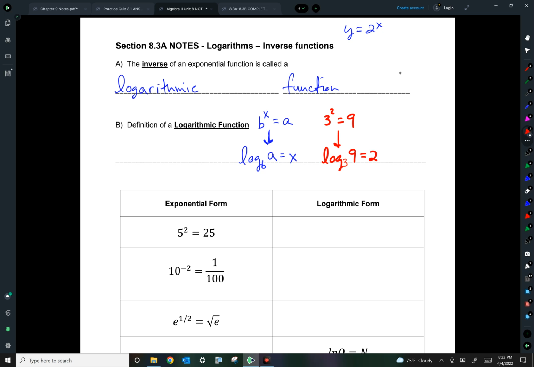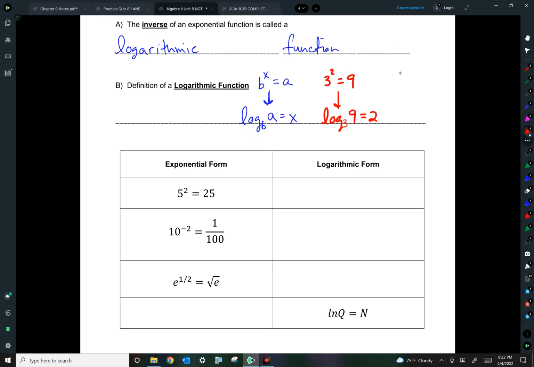All right, so look down here in my little table. I've got the exponential function 5 squared equals 25. So I could write that as a logarithm. I would say log base, okay, the base is 5, so a little subscript of 5, log base 5 of the answer of 25 equals the exponent.